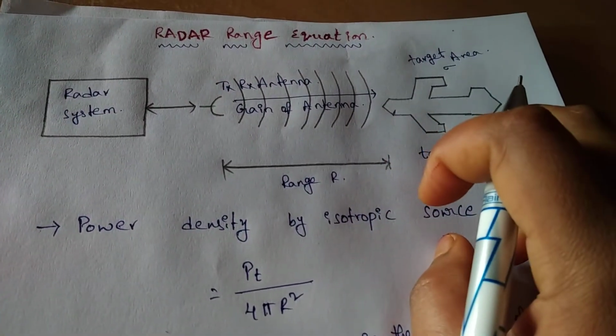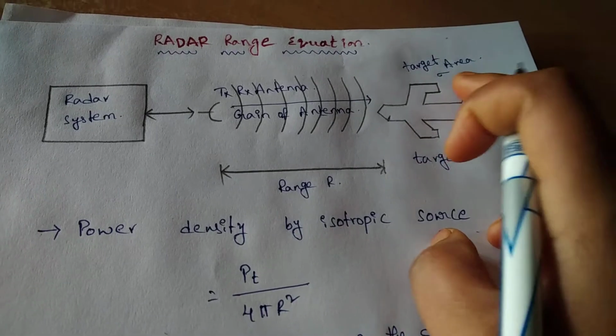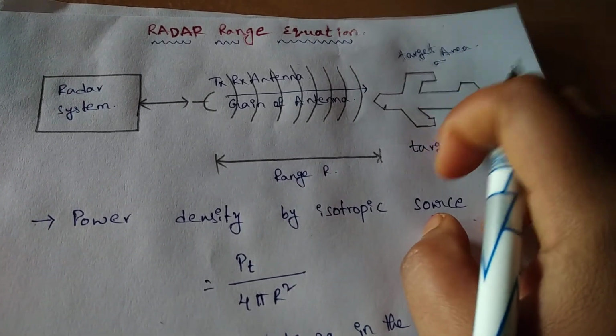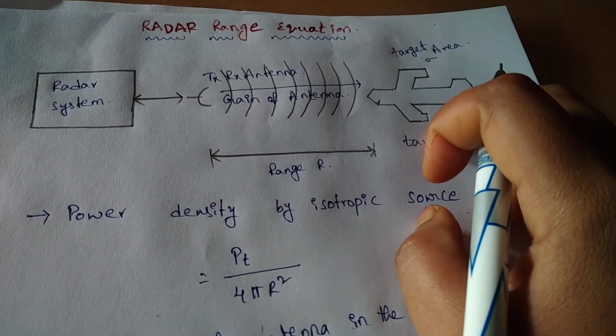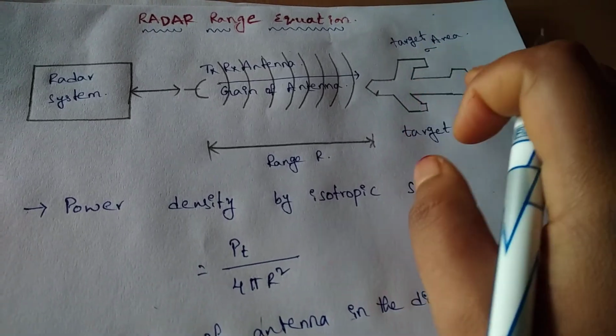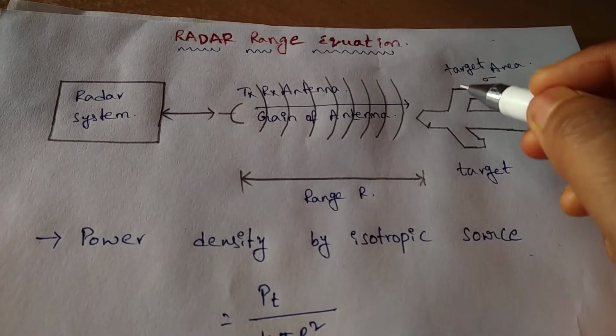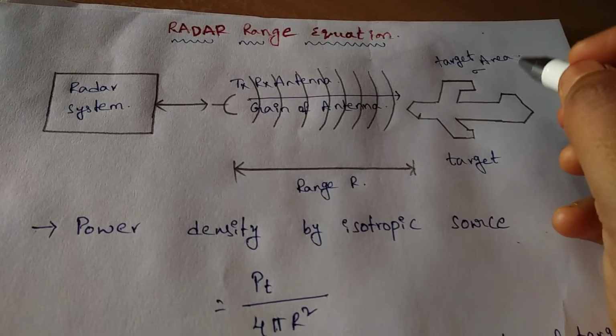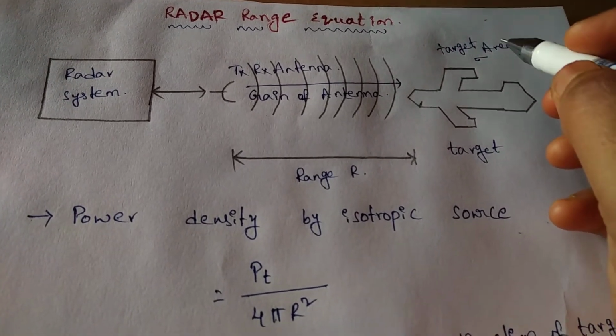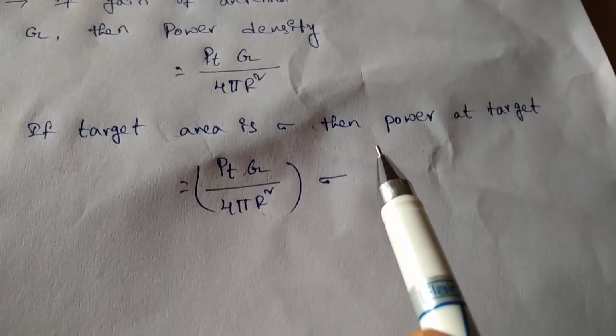So the power at the target will be the power density by the antenna into the target area, where sigma is the target area of the target.